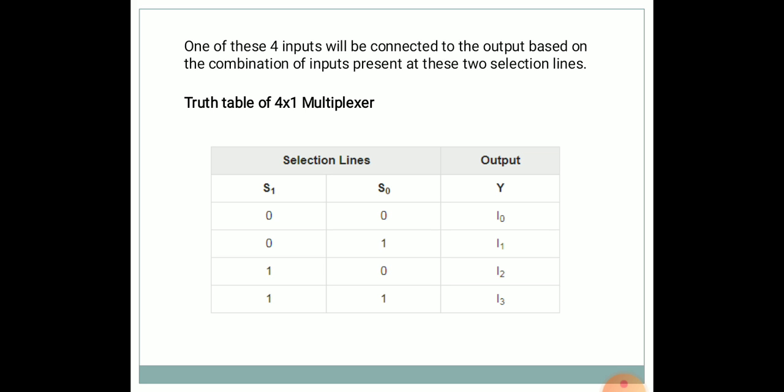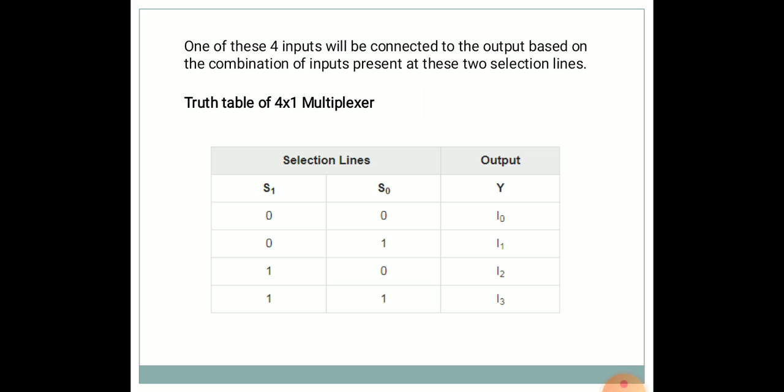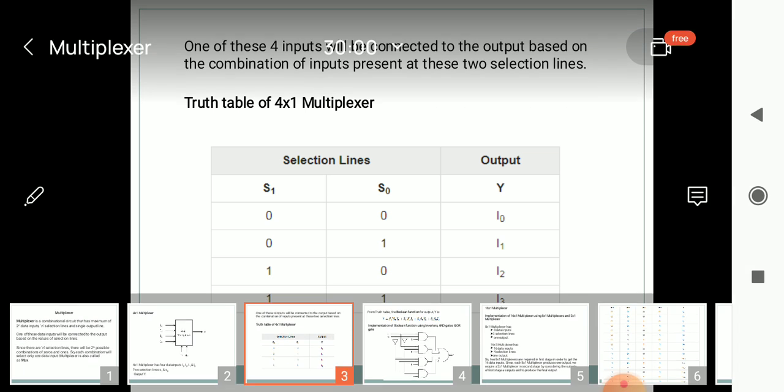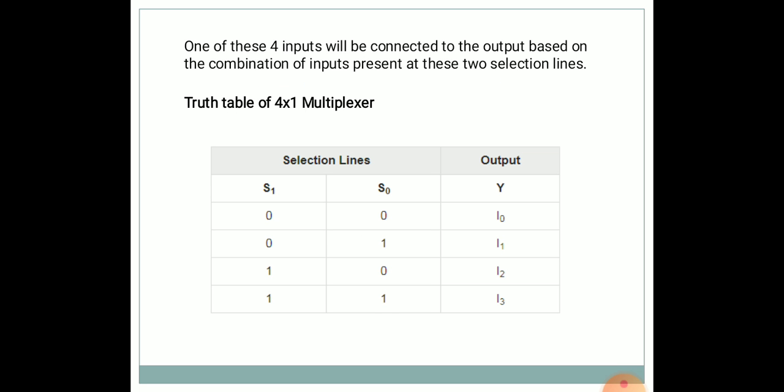So the first row of this truth table is taken as the Boolean function S1 dash S0 dash I0, plus the next row, that is S1 dash S0 I1, because the value of S1 here is 0, plus the next row, that is S1 S0 dash I2, plus the next row, that is S1 S0 I3.